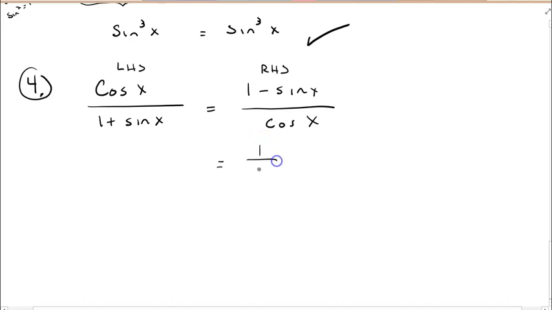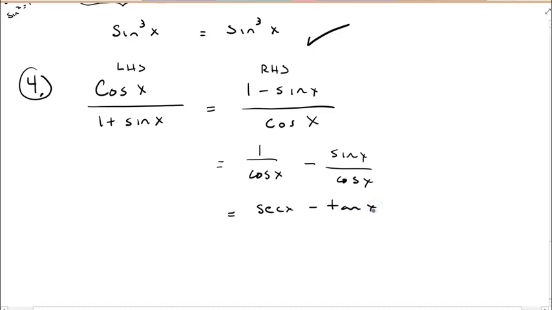So sure, I could take 1 over cosine x minus sine x over cosine x. And you might start saying, well, okay, I split it up. Well, I know 1 over cosine is secant x, and sine over cosine is tan x.